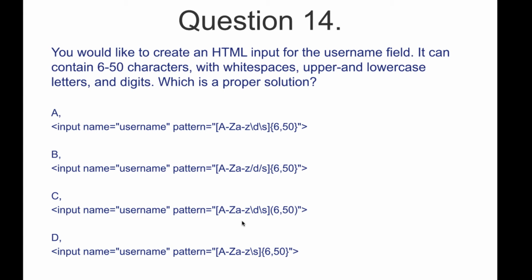And lastly, option D, we've got a fourth option for the pattern that we're looking for, and that's been described above. So we're looking for 6 to 50 characters, including white spaces, upper and lowercase letters, and digits. So which one is the proper solution, A, B, C, or D?